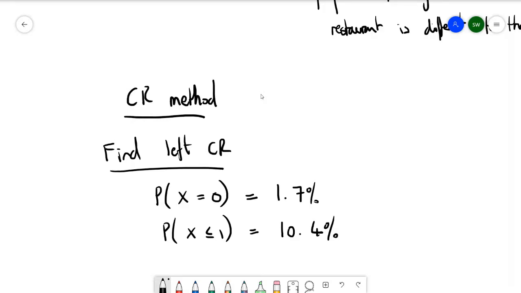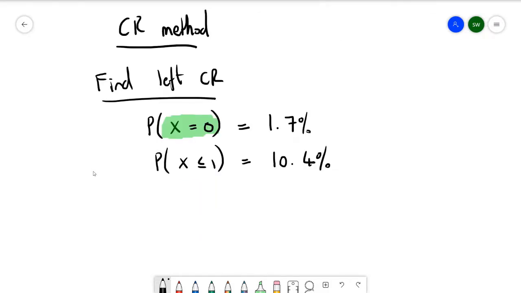So we would have to put our critical region as x equals 0. Because we want the probability of being in the left critical region to be as close to 2.5% as possible, but not more than. So our left critical region is x equals 0.